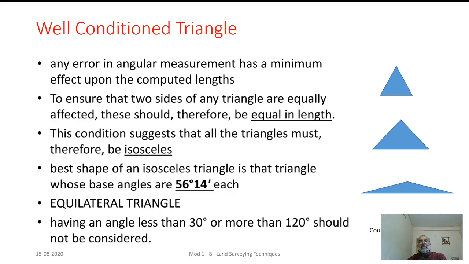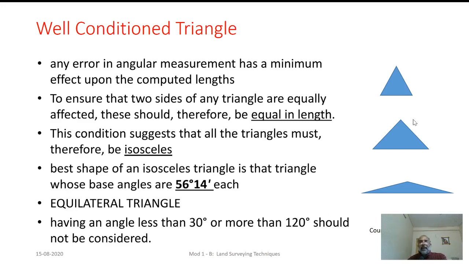But as we discussed about the basic concepts related with the selection of the station in our earlier presentation, we saw that each of the angles that are defined by the various survey lines should not be too acute or too obtuse.